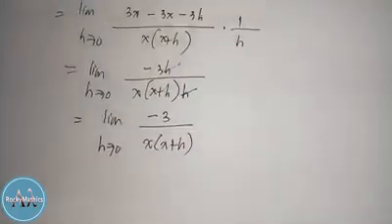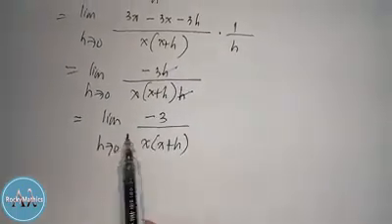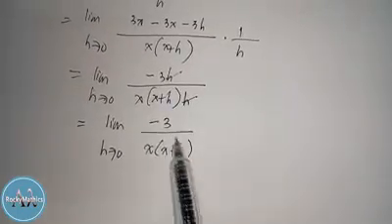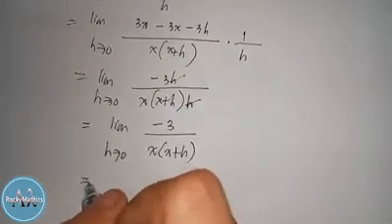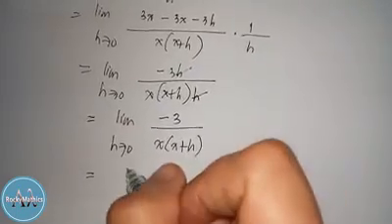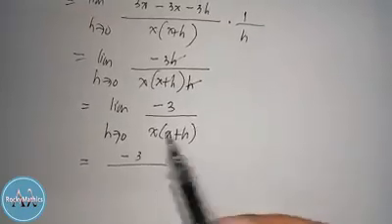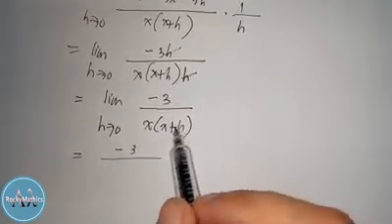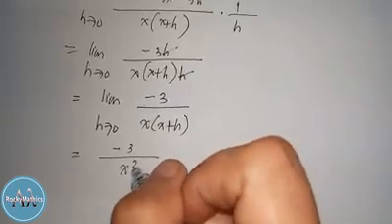So when we discuss the concept of limit, all we have to do is to get the limit of the numerator and also the limit of the denominator. So the rule says that the limit of the constant is constant, so this becomes negative 3, and the limit of this expression as h approaches 0, this will become 0, so this becomes x squared.